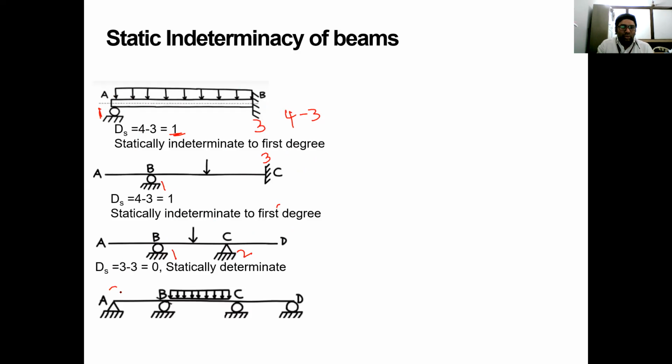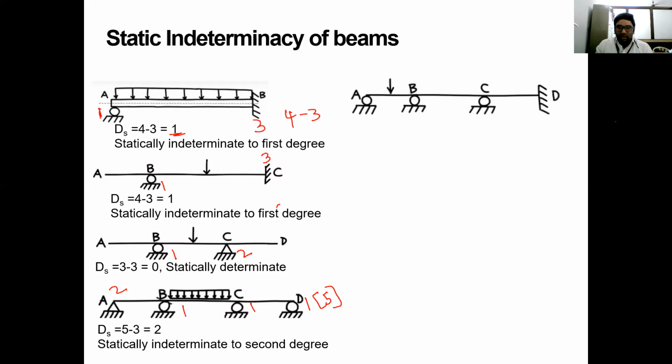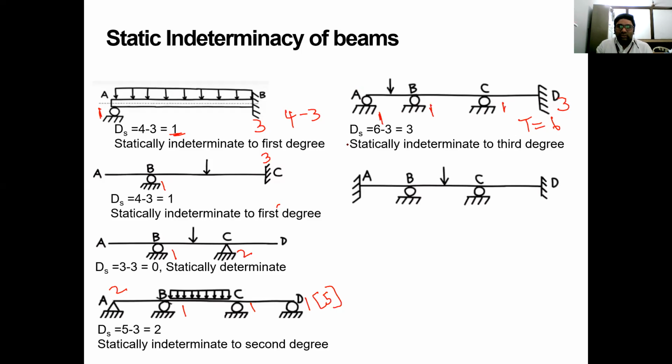And then here you can see this is 2, this is 1, 1, 1. Total 5. So 5 minus 3, 2, second degree. Okay. And see here now 1, 1, 1 and 3. Total 6. 6 minus 3, 3.